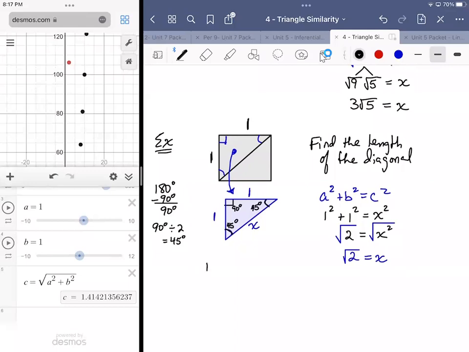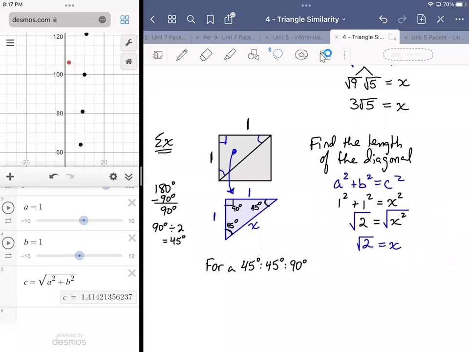So for a 45, 45, 90 triangle, the sides will be 1n, 1n, radical 2n.